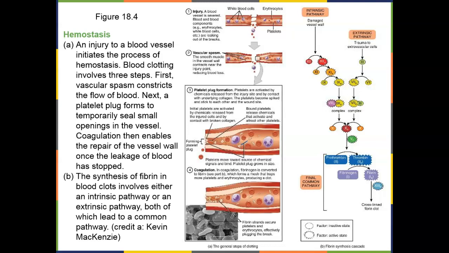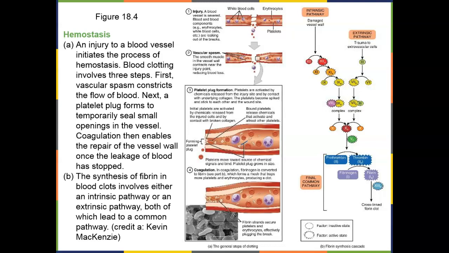In both cases, the initial occurrence is going to be that platelets are moving along, and our blood vessels are coated with basically a chemical that keeps our cells from sticking, okay? So that we don't get these buildups of platelets or anything else. You don't want a blood clot in an unopened, undamaged vessel.